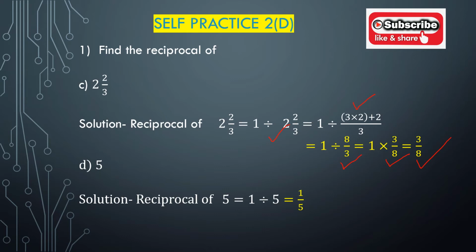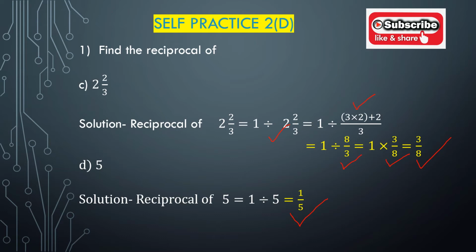Now D, 5. The reciprocal of 5 is just 1 divided by this number. So the reciprocal of 5 is 1 divided by 5. We can write 5 as 5 divided by 1.